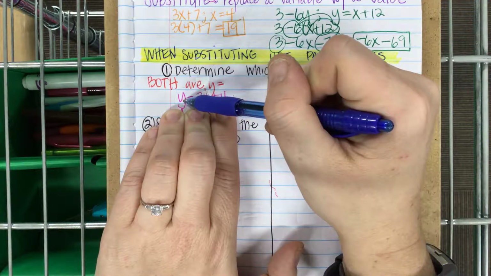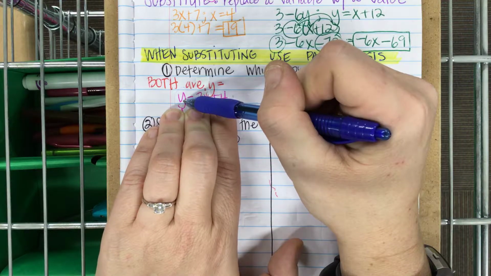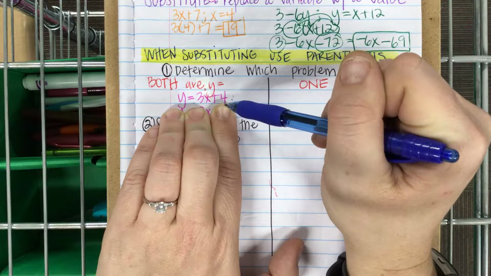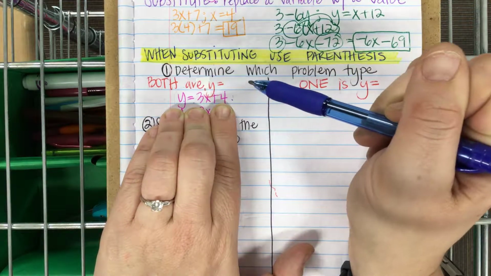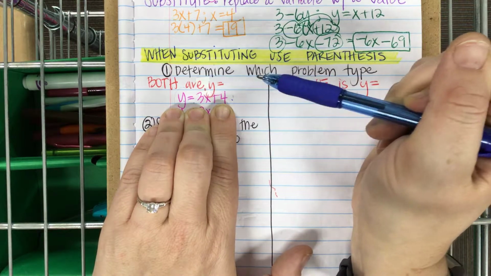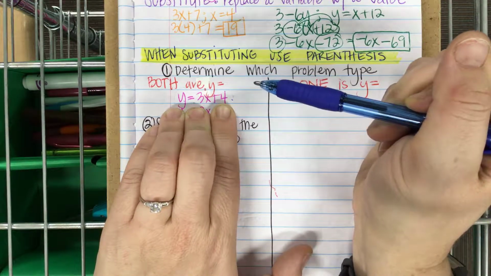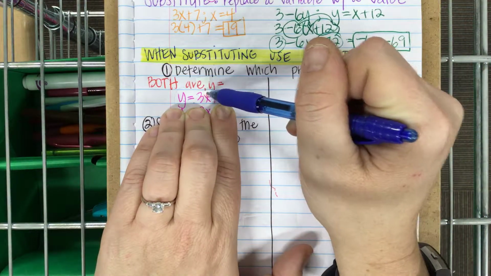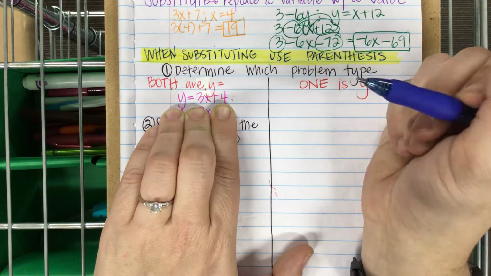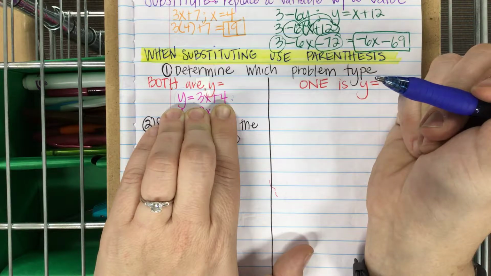Instead of y, what could you substitute? I could substitute 3x plus 4. So if there was another y somewhere, I could erase the y, and I could write 3x plus 4, because y and 3x plus 4 are the same.